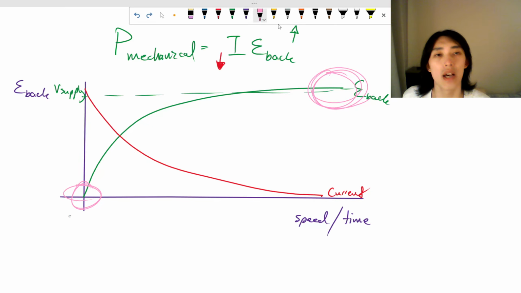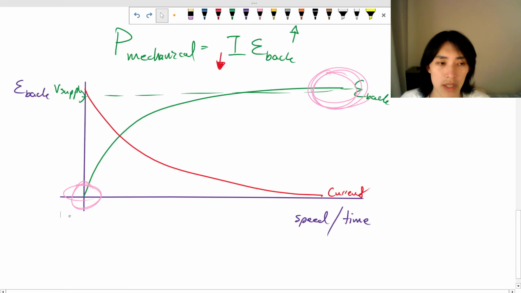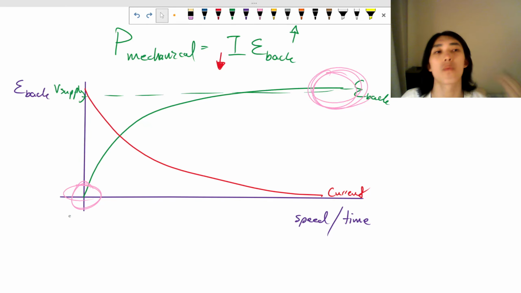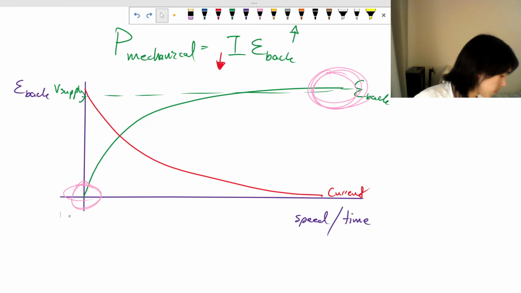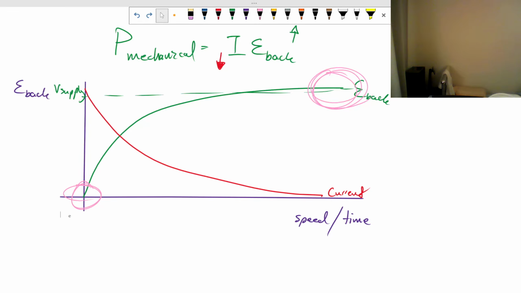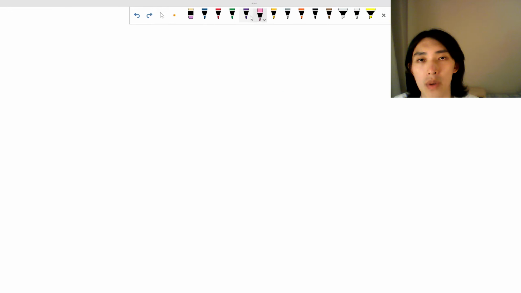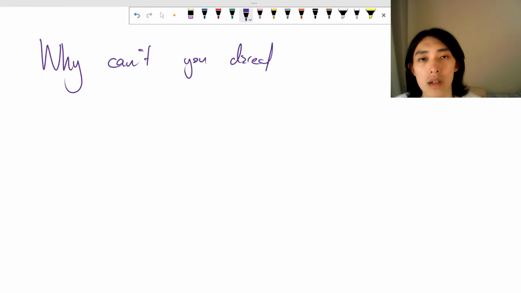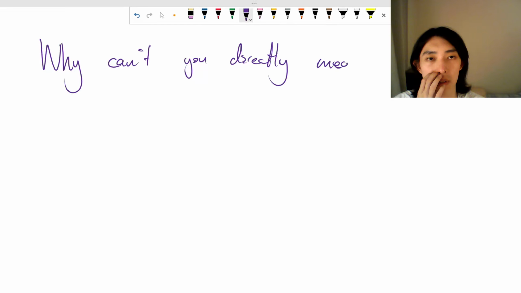Okay, I want to get onto some even more advanced topics now. These are getting quite advanced. So I want to answer the question of why can't you directly measure net voltage, Vnet.